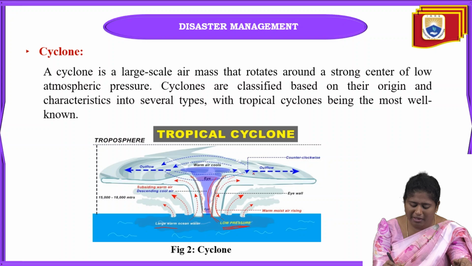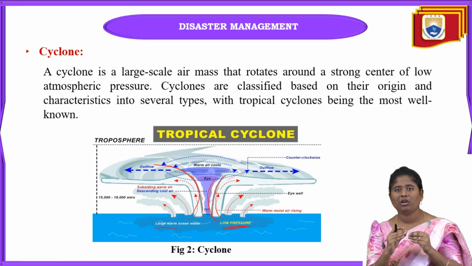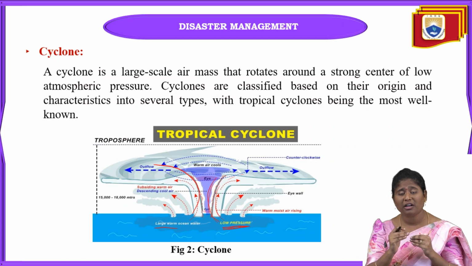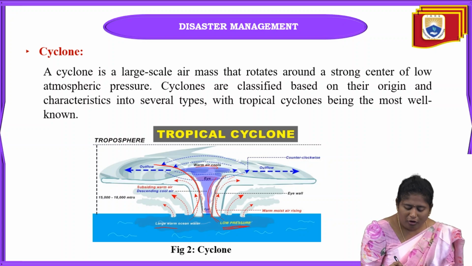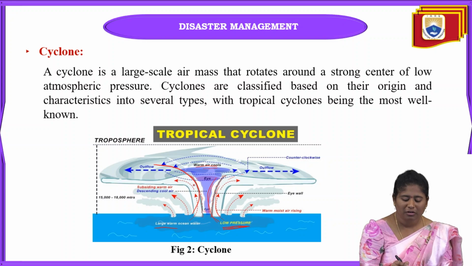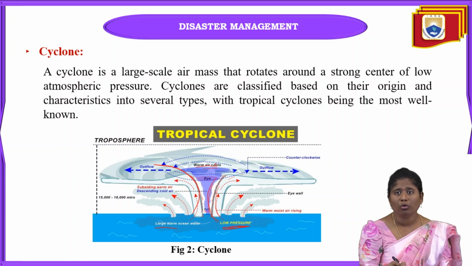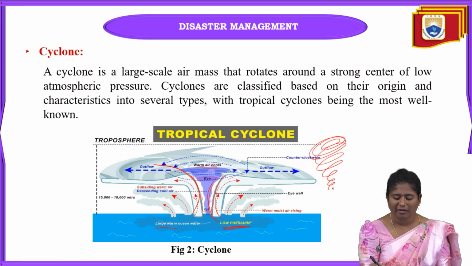There will be subsiding of the warm air and descending of the cool air when the cyclone happens. Why? Because here you can see the warm air cooling. When the water goes upward, the warm water gets converted to cool water. And it just rotates like this. Cyclones are rotating like this.